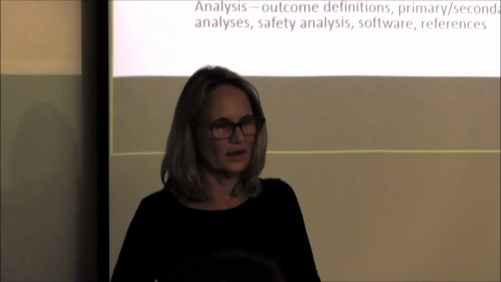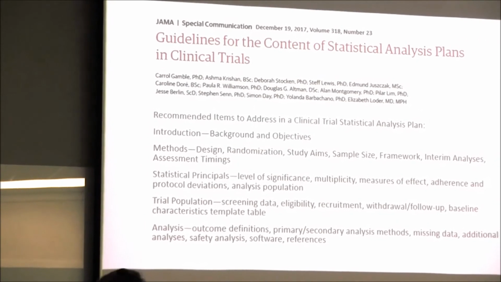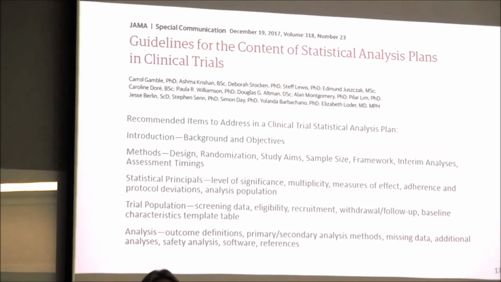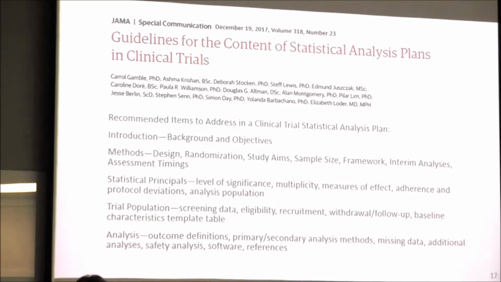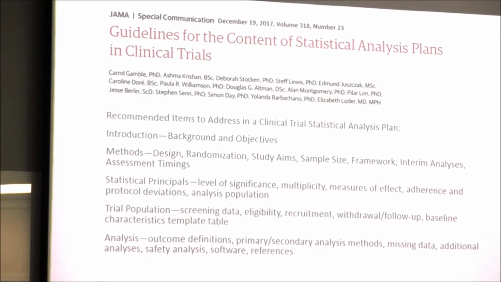Okay, so next slide. So this is an example of a guideline document. It provides guidance on the content of a statistical analysis plan for clinical trials. So this appeared in JAMA of 2017, and I encourage you to take a look at it.